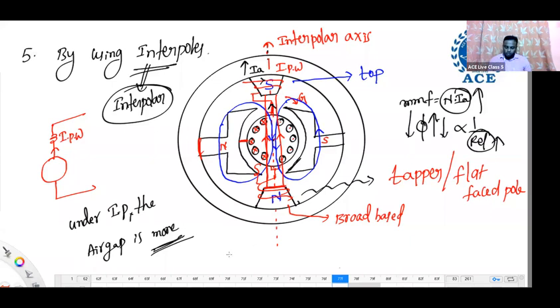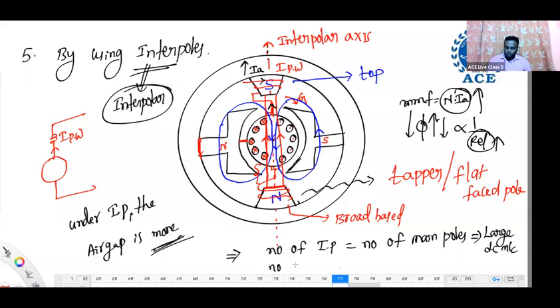And one more thing: how many interpoles are required in a DC machine? That depends on the size of the machine. For large size DC machines, the number of interpoles equals the number of main poles. For small size DC machines, the number of interpoles equals half of the main poles.